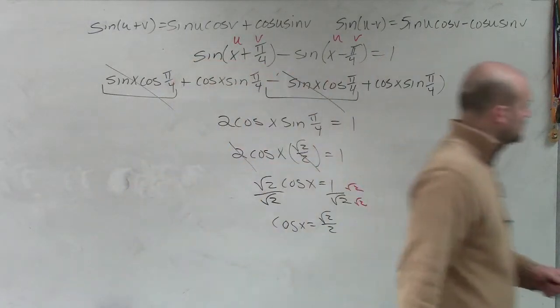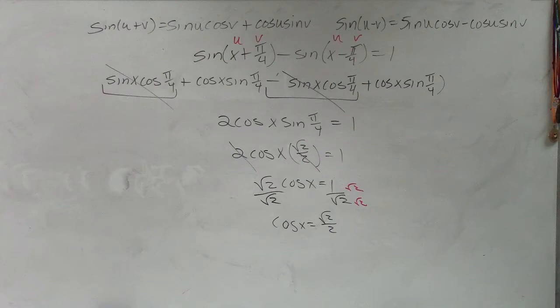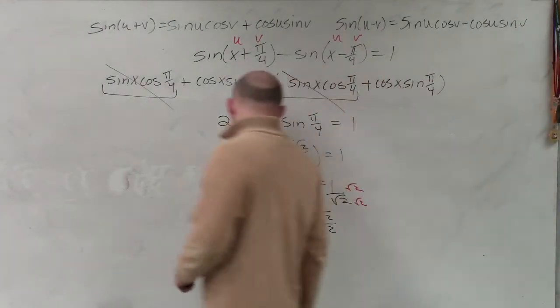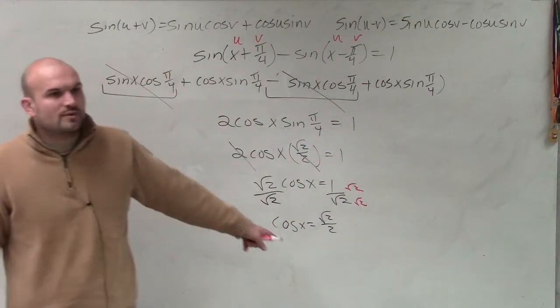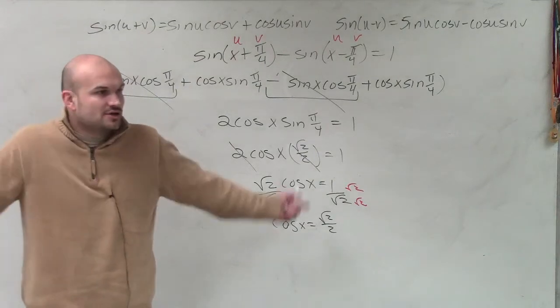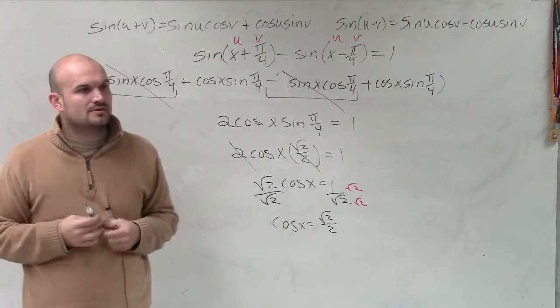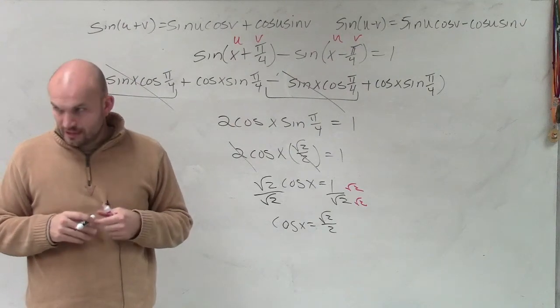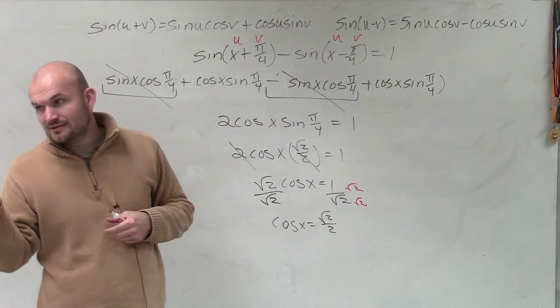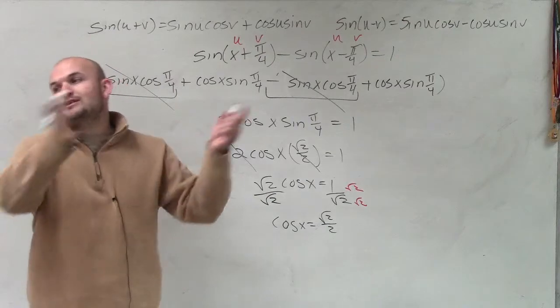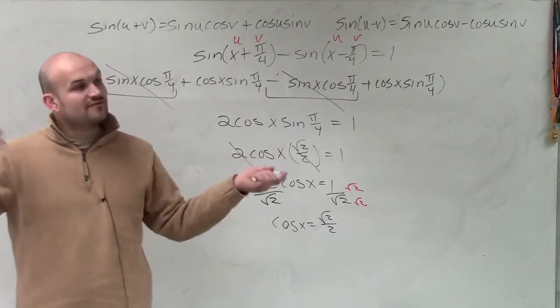And the answer was saying find the solutions between 0 and 2 pi. So square root of 2 over 2, when is cosine on the unit circle equal to square root of 2 over 2 between 0 and 2 pi? In the first quadrant and in the fourth quadrant.